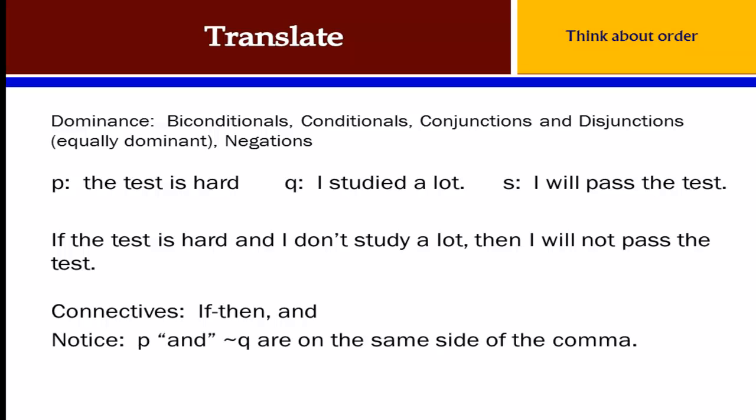So we notice that statement P, the connective and the negation of Q are on the same side of the comma, meaning they're going to be contained in parentheses in our translated statement. So here's what we have. If P and not Q, then not S. The comma told us to put the P and not Q in the parentheses together.